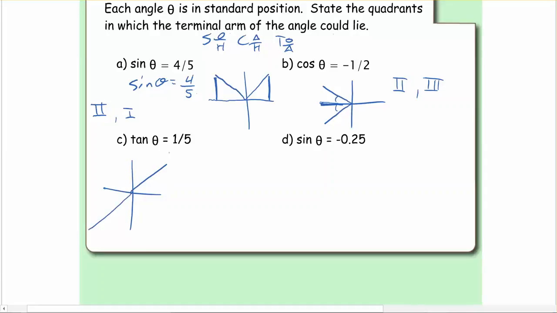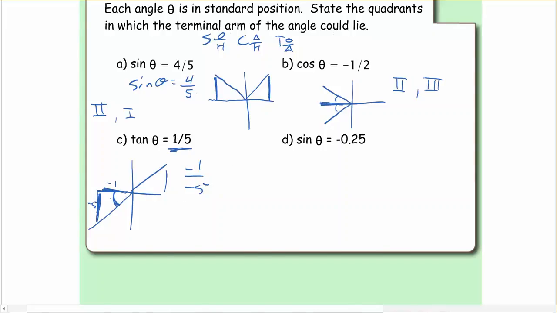Because if you think about it, I'm going to have a negative going this way, but then also a negative going down. So I've got a negative over a negative. So that would also give me a positive ratio. Because if you actually did this, it'd be -1 over -5 on this side, right? -1 divided by -5 is positive 1 over 5. The negatives just cancel.